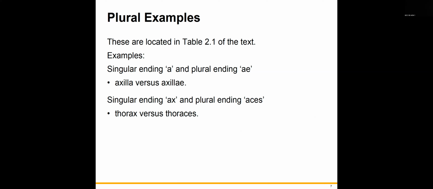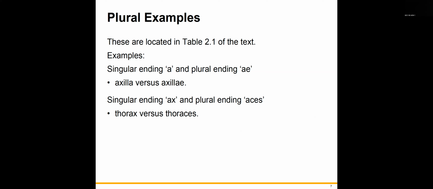Now, very simple examples. If you have singular ax, it changes to aces. So for example, thorax becomes thoraces. The singular a changes to ae, for example, bacterium becomes bacteria.